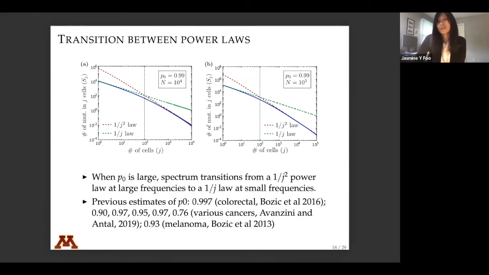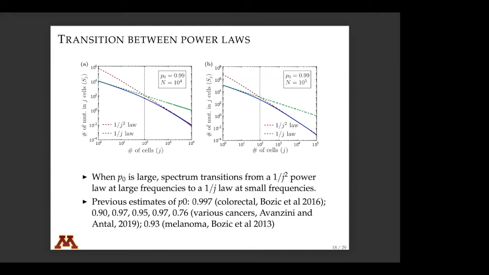And when you go to the small frequency end, you're having to take into account the contributions from these lineages that are going to die out. At this point, when P naught is large, then you have quite a lot of cell death, and you have almost like a critical branching process. So you end up transitioning from the 1/J² law to the 1/J law, which reflects a constant population size.